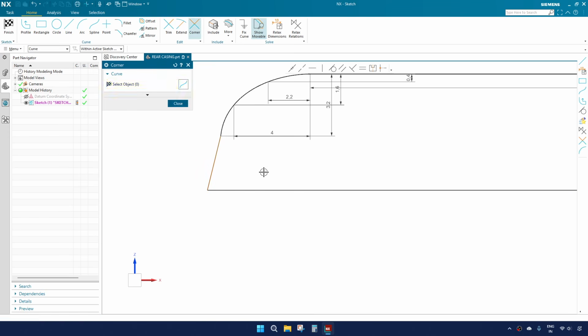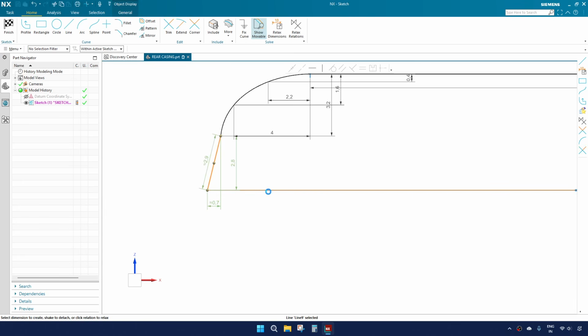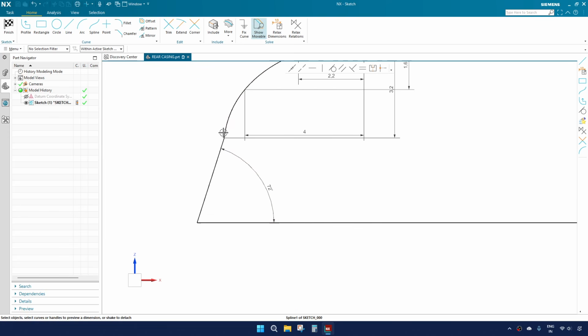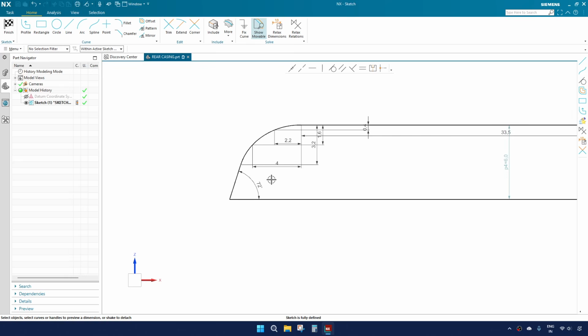Make these two corner. Give dimension for these two as 72 degrees. Make these two tangential.